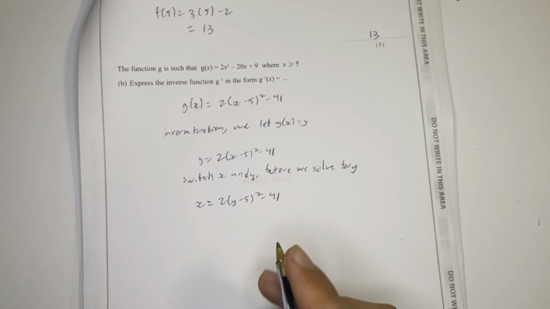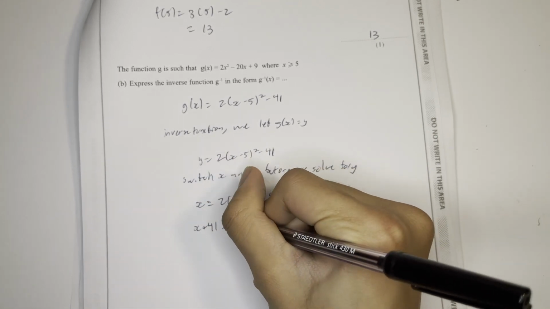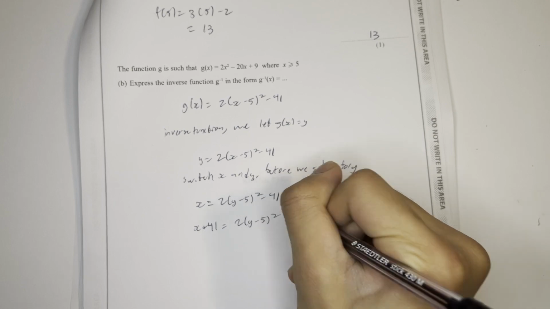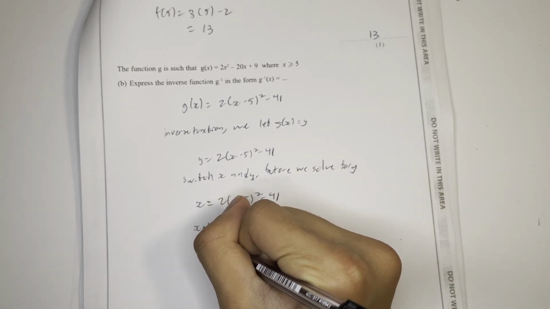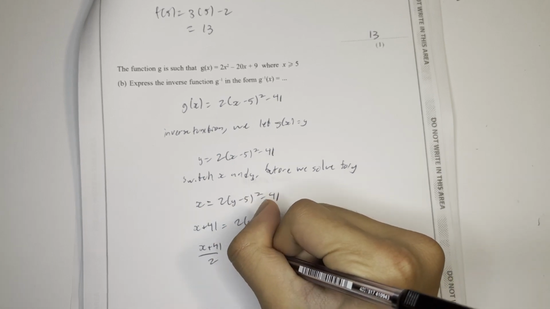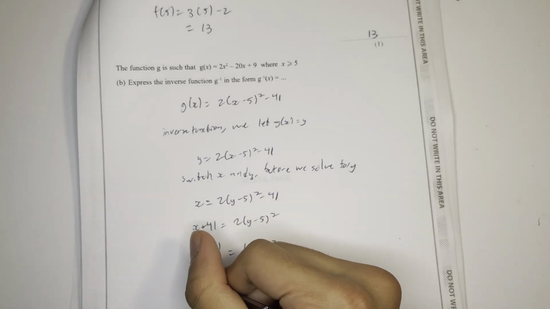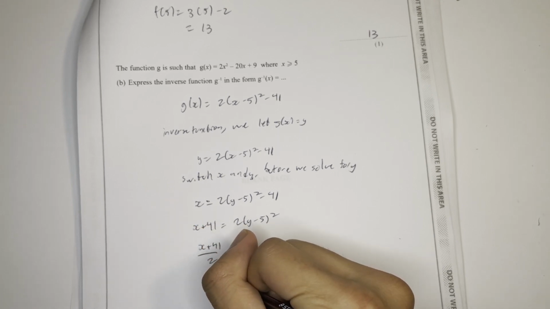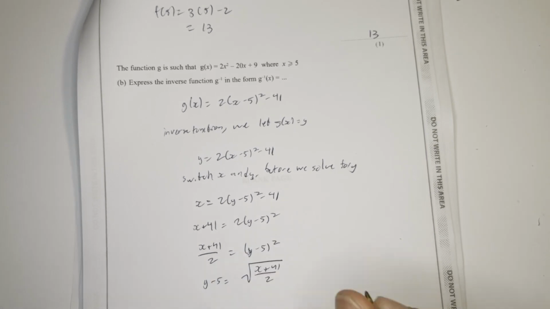First of all, add 41 to both sides to give you x plus 41 is equal to 2 times y minus 5 squared. Divide both sides by 2 to give x plus 41 over 2 is equal to y minus 5 squared, and take the square root of both sides to give y minus 5 is equal to the square root of x plus 41 over 2.